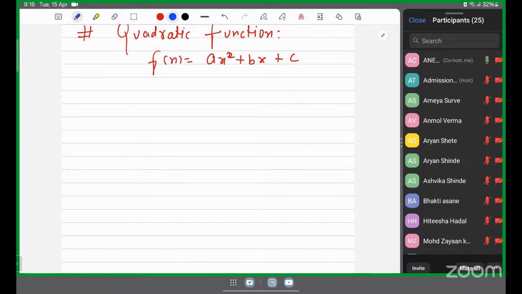If you look at any quadratic function, it is a polynomial of degree 2 and it is defined at all possible values of x, which means its domain will be R. There is no problem in the domain. It can have any input, and it is defined for all the values of x.